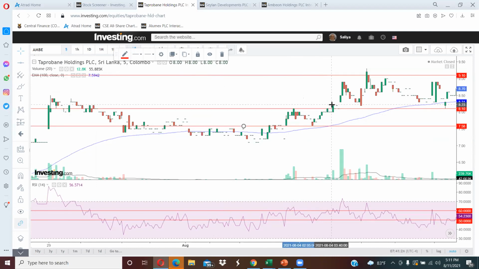Once we purchase this, as a trader, what we do is put the stop limit order. That is a sell stop limit, not the target. So that's an exercise we need to practice.